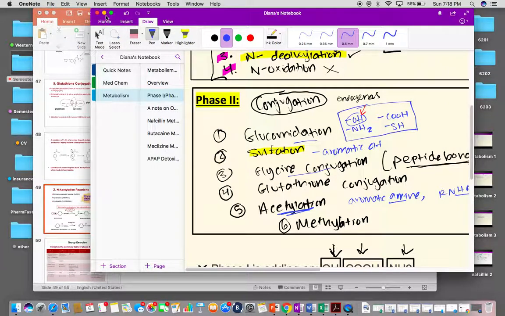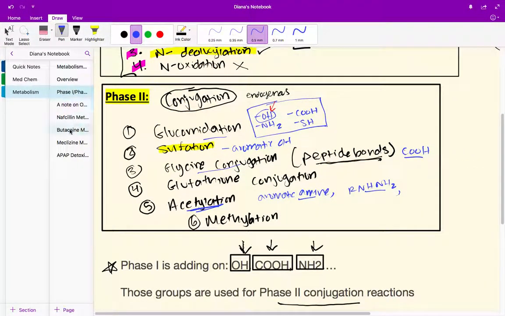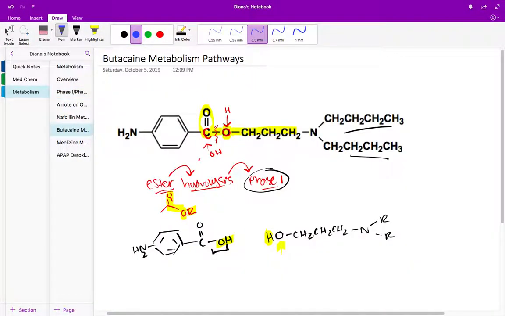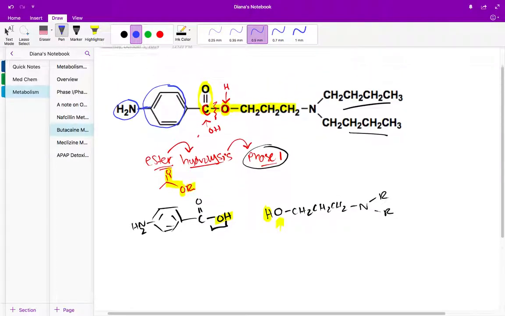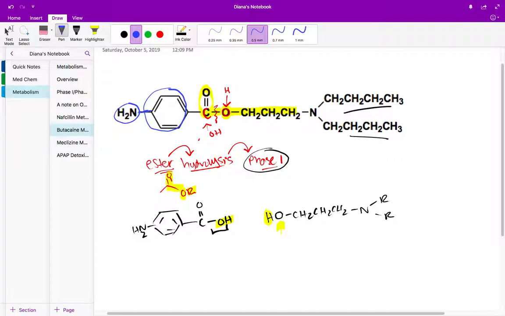Okay, so going back to our list, we know here with butadiene that the reason why we can undergo N-acetylation is because we have an aromatic amine. Okay, so I see this benzene ring directly bonded to an NH2, so I think N-acetylation. So in that case, we're going straight to a phase 2 reaction.